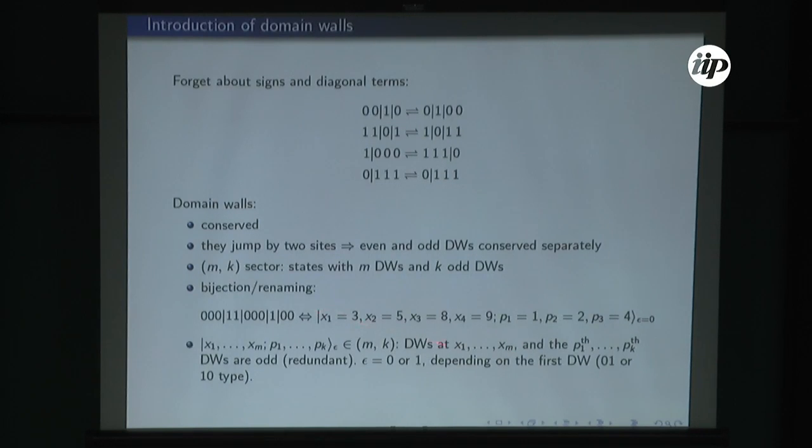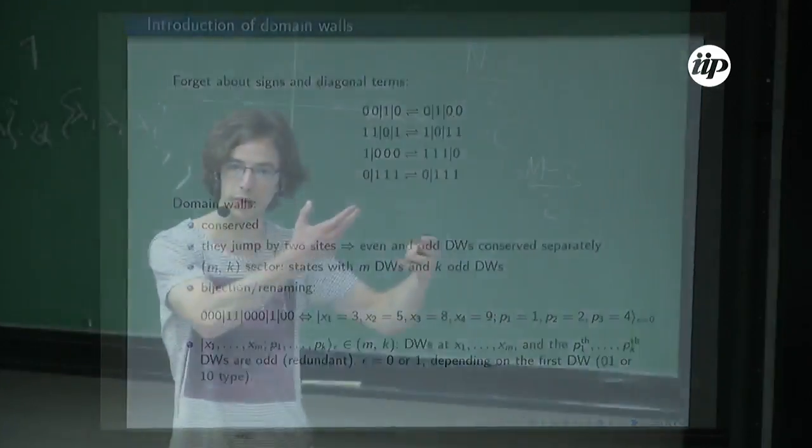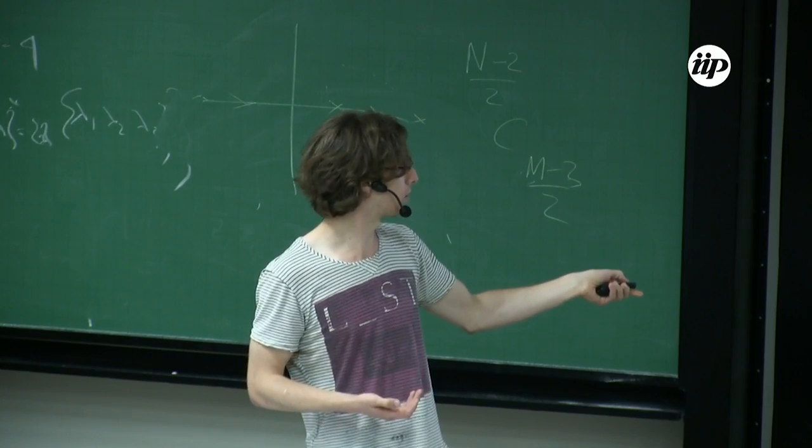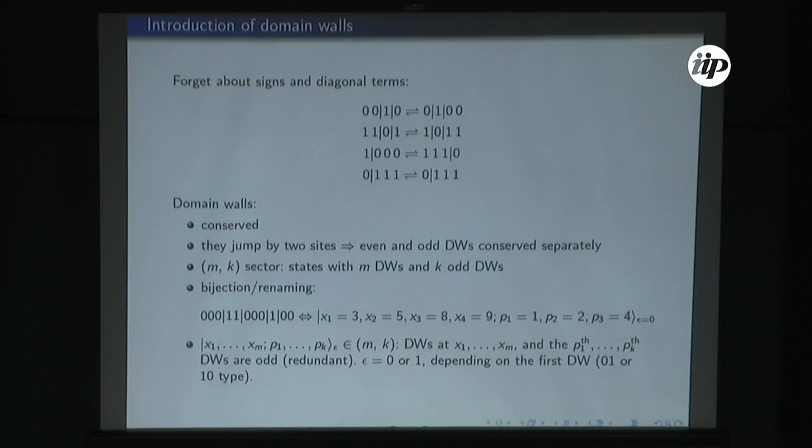And then there is one more piece of information to completely describe this state. Namely, every domain wall can be either a string of zeros that continues with a 1, or the other way around. So I have to somehow distinguish this state from the other one where the zeros and 1s are exchanged.